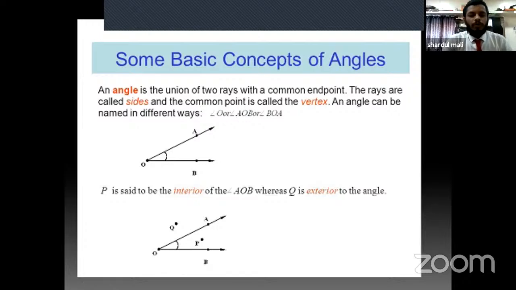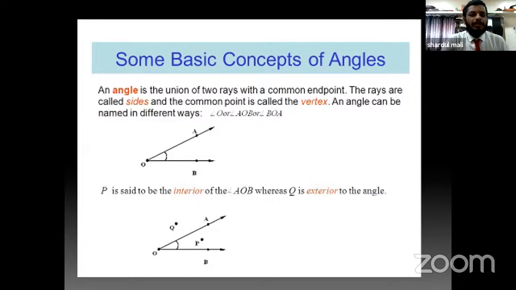Next concept, we want to learn the interior and exterior of an angle. Look at the second diagram. In the second diagram, angle AOB is present and two more points are present, point Q and point P. One point is present in the interior of the angle, and one point is present in the exterior of the angle.